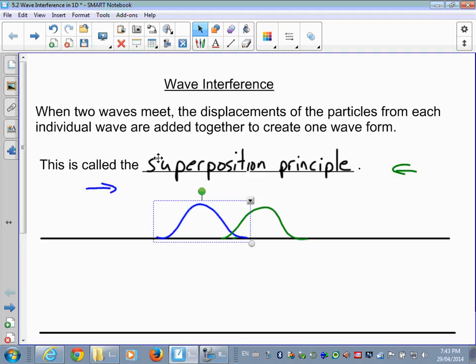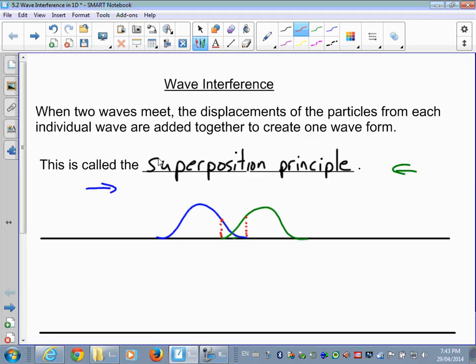So the points that are overlapping, each one of their individual displacements will add up. So let's look at this right here. At this point right there, there's no displacement from the green wave. A blue wave has its own displacement as well. Same thing happens over here on the other side, where the blue wave has no displacement, but the green wave does.